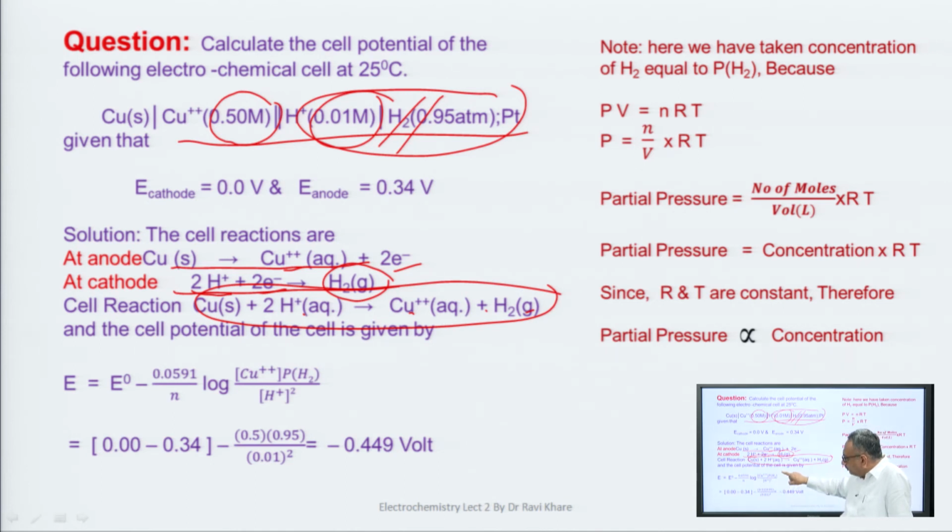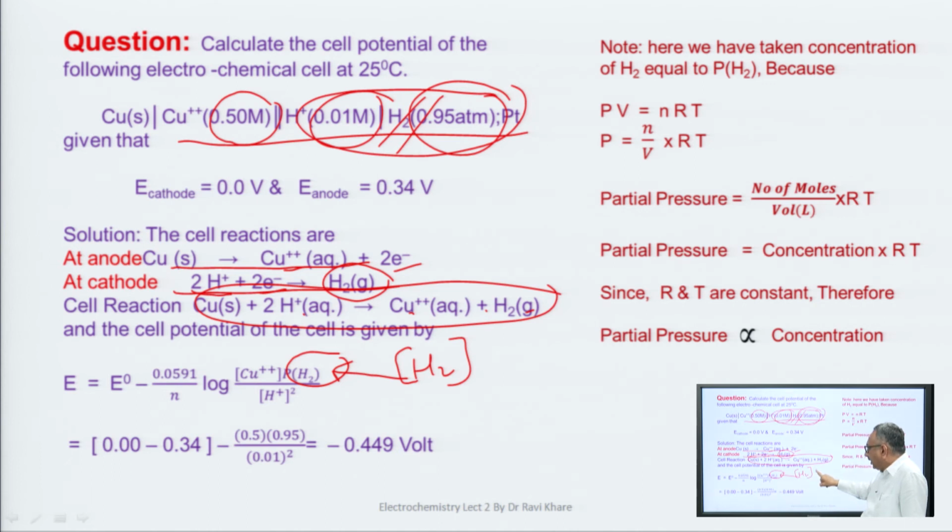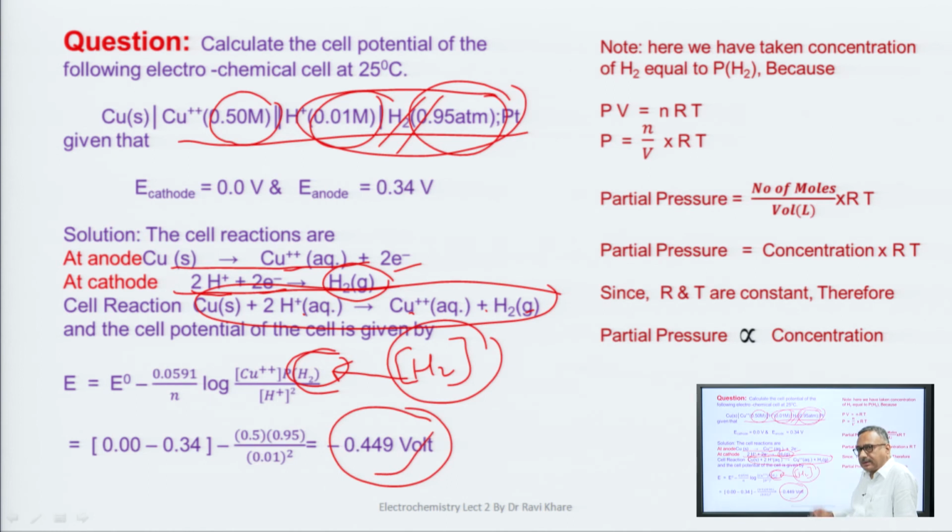Now, you see here in case of active mass of hydrogen, we have used partial pressure of hydrogen. Here you are given the partial pressure of hydrogen, but we have taken partial pressure of hydrogen in place of molecular concentration of hydrogen. Putting this value, you will get this. This is the desired answer.